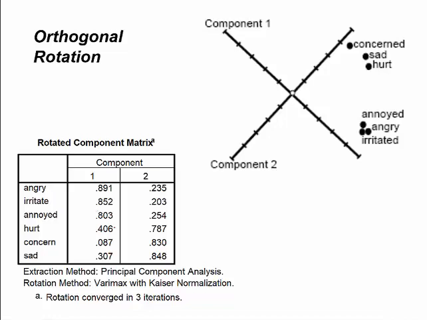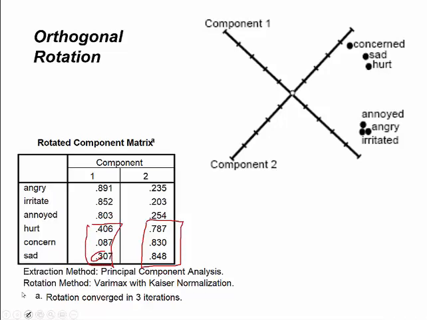It's approaching more of that solution that I wanted, because I have angry, irritated, and annoyed, my hard emotions. They all have loadings of 0.8 and higher on component 1, and relatively low loadings on component 2, all less than 0.3. In contrast, my 3 soft emotions all have relatively high loadings on component 2. Some of these are a little bit high, but for the most part these are low loadings on component 1.